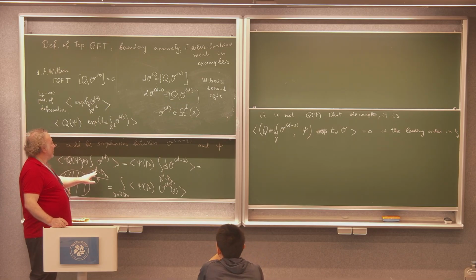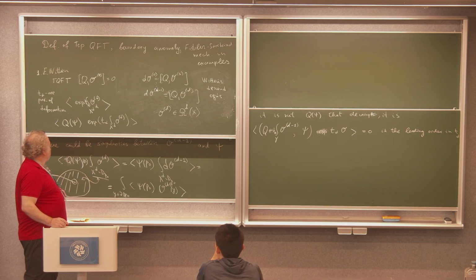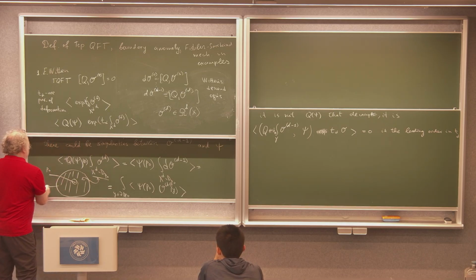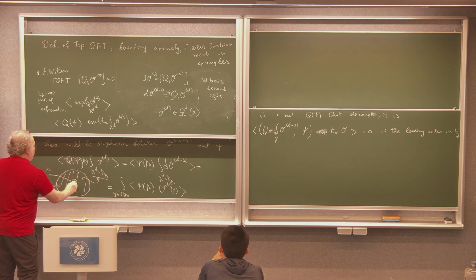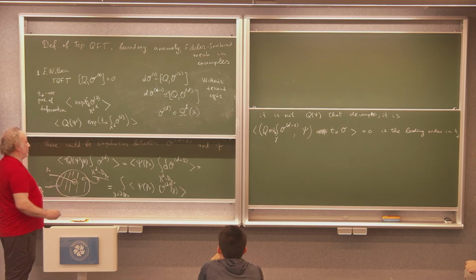Okay, so there's only one space, right? Only one space. So this space is X_d minus the point P naught.